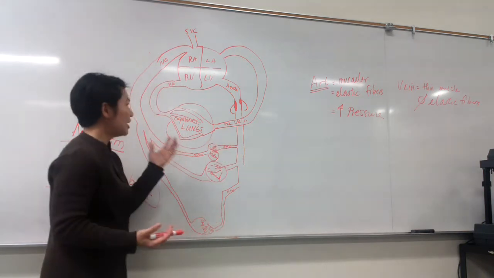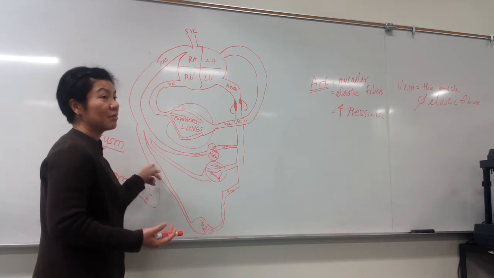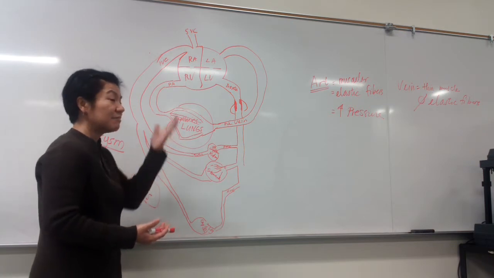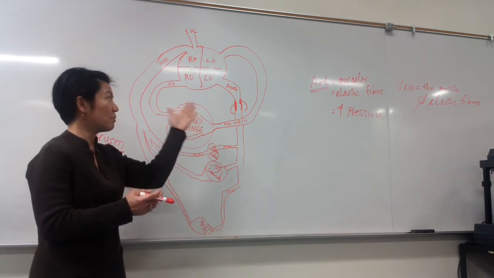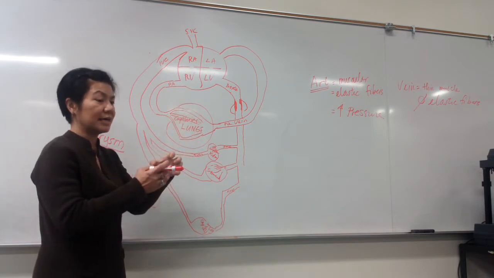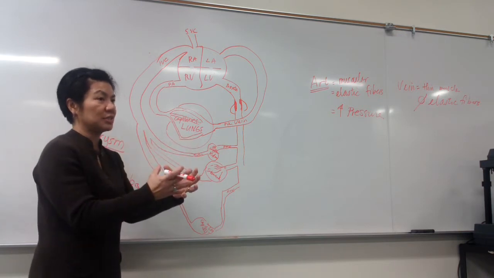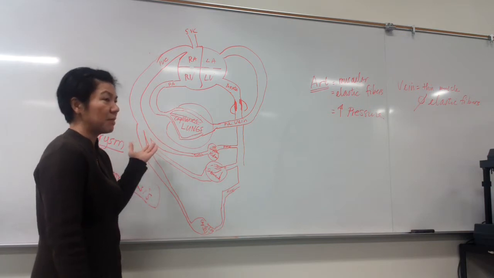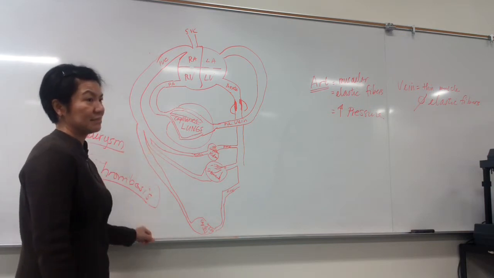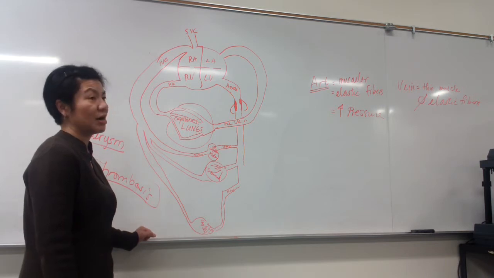And that aneurysm cannot happen in veins because they have no elastic fibers. Elastic fibers are the only ones that allow your wall to stretch, and then it should go back to its original shape. You don't have elastic fibers in your veins. That's why it's impossible to have aneurysm in your veins. You have elastic fibers only in your arteries.